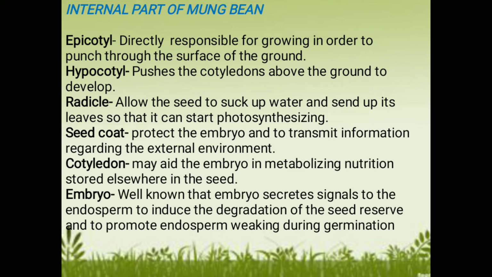Then the seed coat protects the embryo and transmits information regarding the external environment. The cotyledon may aid the embryo in metabolizing nutrition stored elsewhere in the seed. Last is the embryo, which secretes signals to the endosperm to induce the degradation of the seed reserve and to promote endosperm wicking during germination.